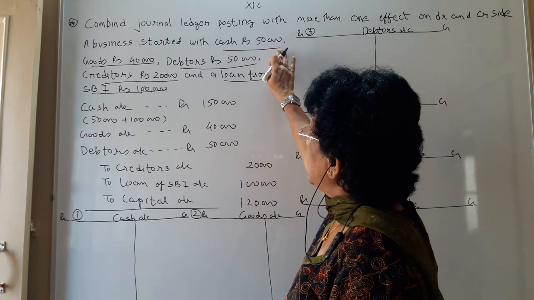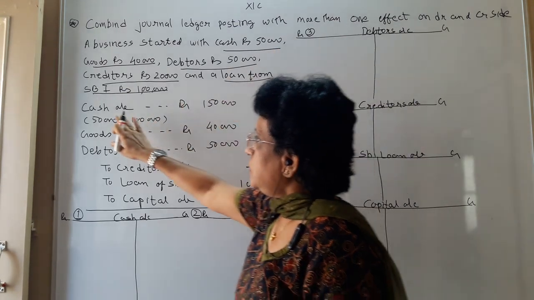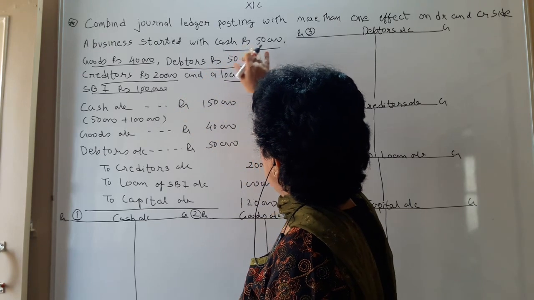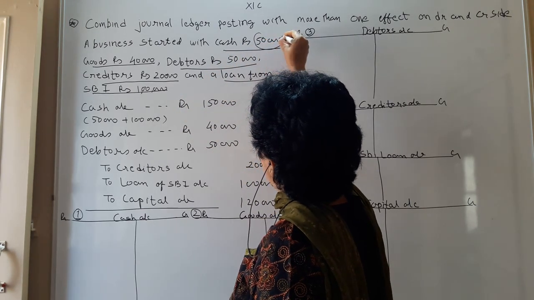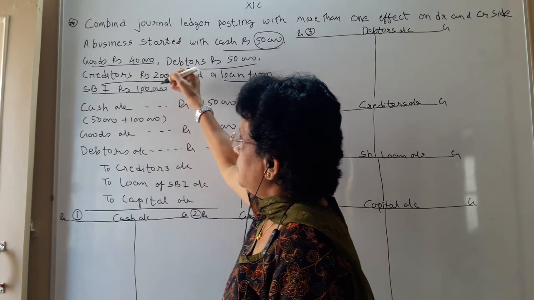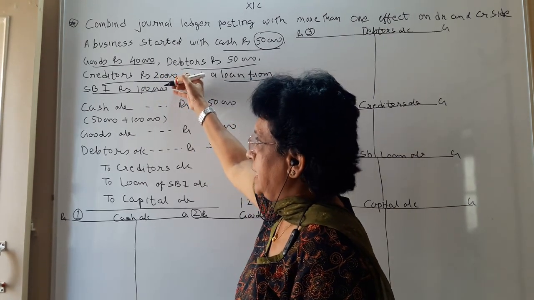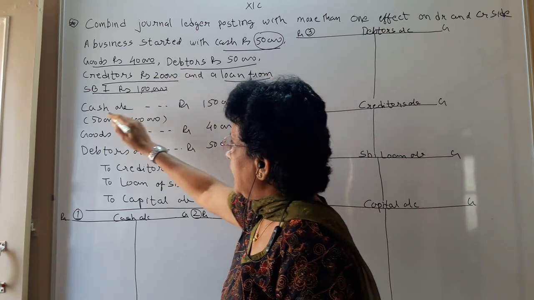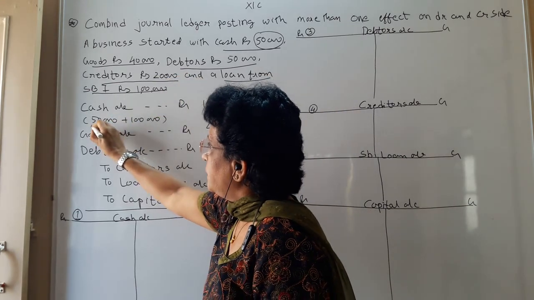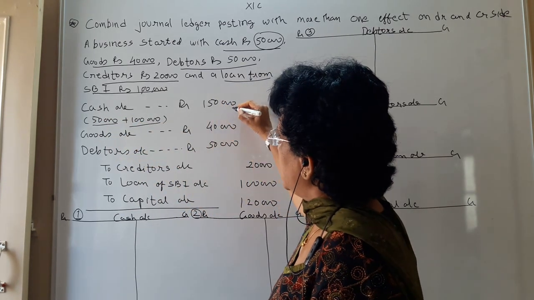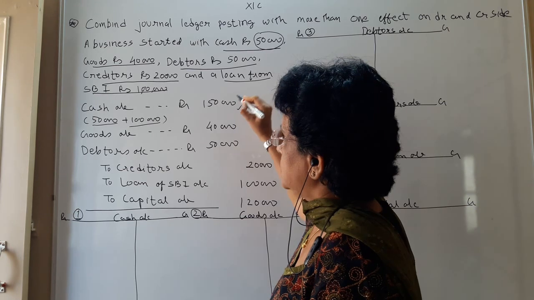Number 1, when cash comes into the business, you have to debit the cash account. Here the 50,000 the owner brought is to be debited, plus you have taken a loan of 1 lakh rupees on the same day, so that cash also has come into the business. So your cash account debit is 50,000 plus 1 lakh, and the total amount becomes 1,50,000.